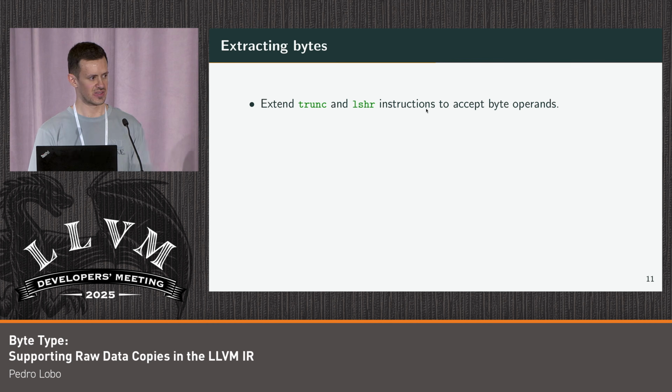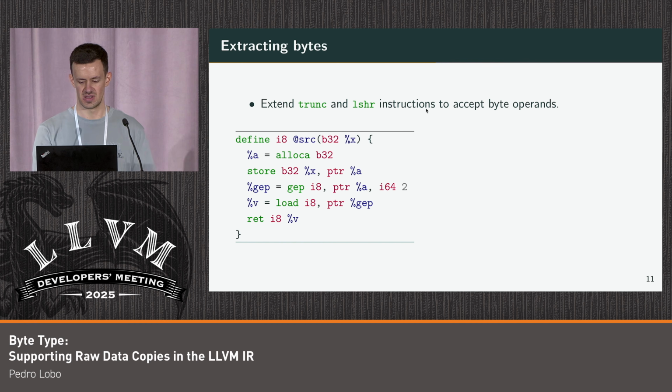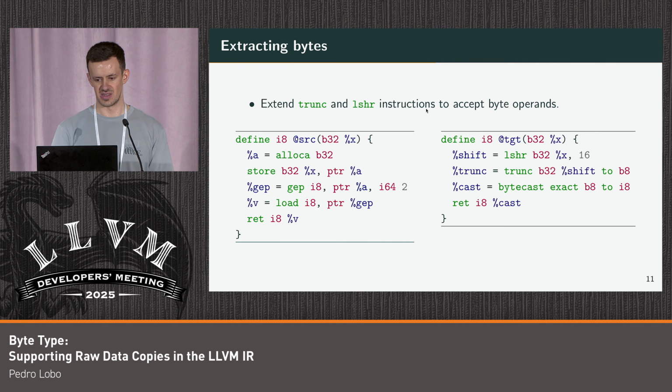Furthermore, we also extended the truncate and logical shift-right instructions to accept byte operands. This is beneficial to implement store forwarding optimizations. In this particular example, we store a byte to memory and then load it back at an offset. Instead of storing the byte and then loading it back again, we can instead shift the byte by 16 bits, then truncate the byte value to a single B8 value, and then reinterpret that as an integer through the byte cast instruction.